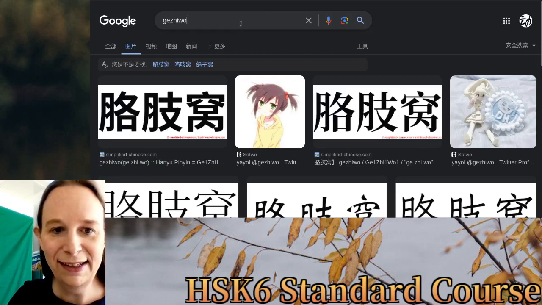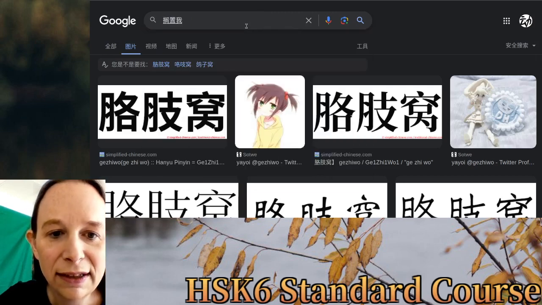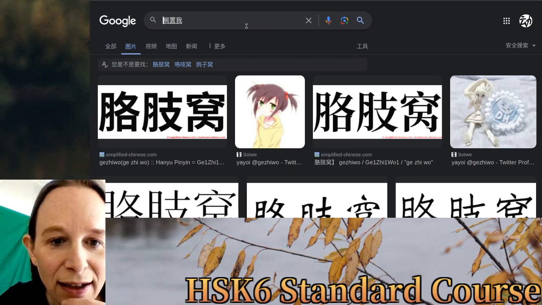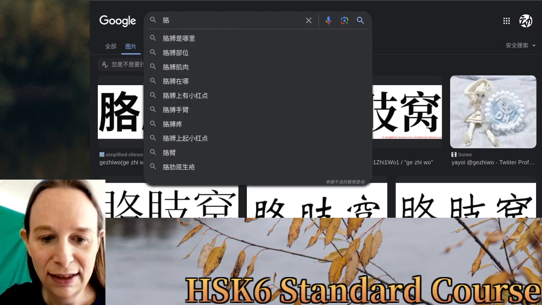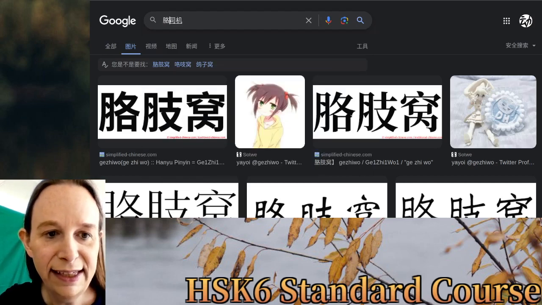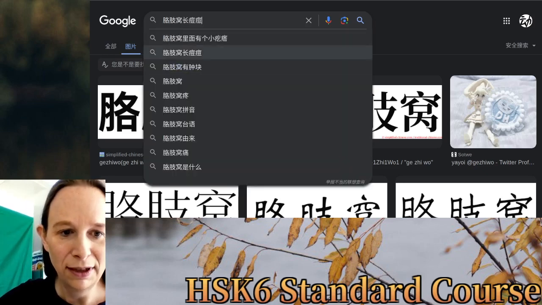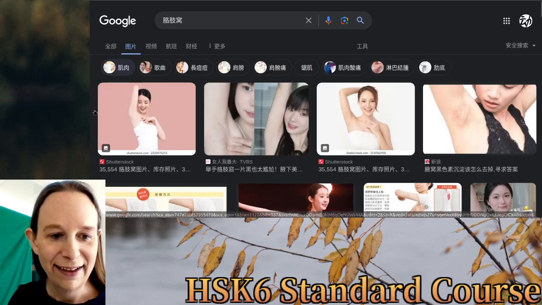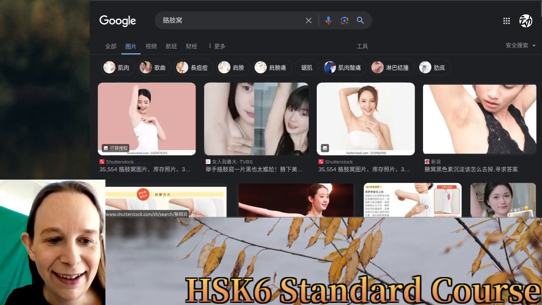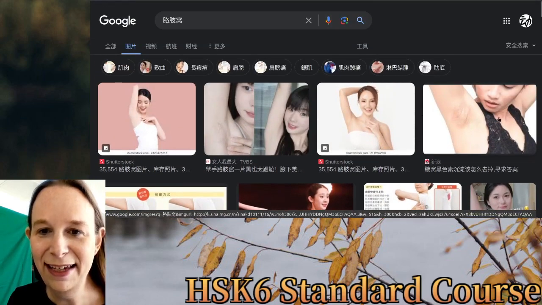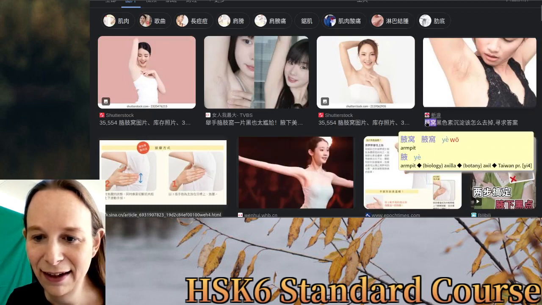Is this dialect maybe? 胳肢窝. 稍等一下，这是胳膊的胳。They're concerned about their 胳肢窝, if they shave their armpits, right? 腋窝.